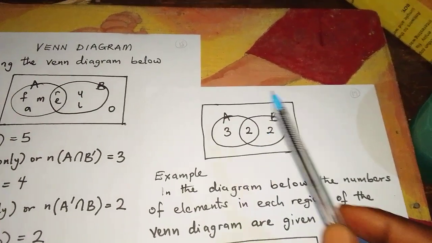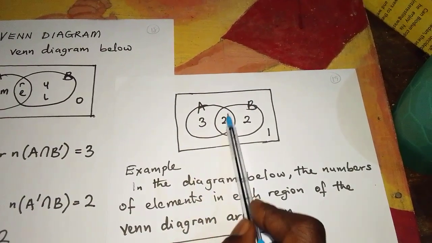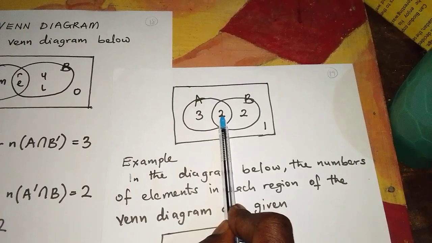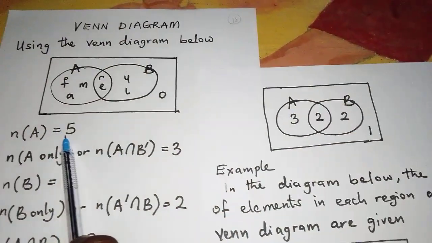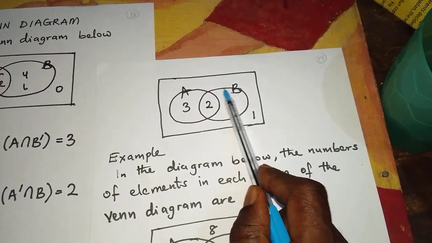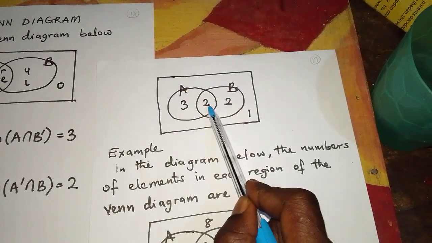Now you realize that if you want to know the total number of elements in A, this circle for A, how many elements? That is 3. This 3 plus 2 will give us 5. So those are the total number of elements in A. Total number of elements in B will be this 2 plus this 2, making 4.